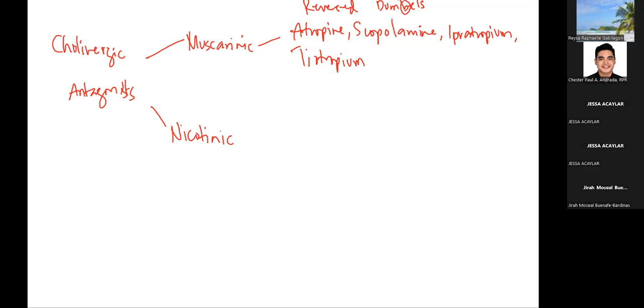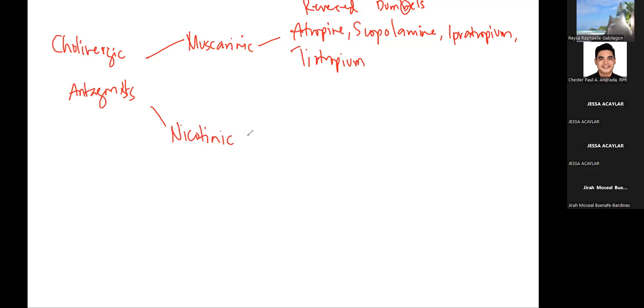So imipramine can also be used for elderly patients with urinary incontinence. So again, oxybutynin, imipramine, tolterodine and fesoterodine, darifenacin and solifenacin. They are included among our muscarinic antagonists.